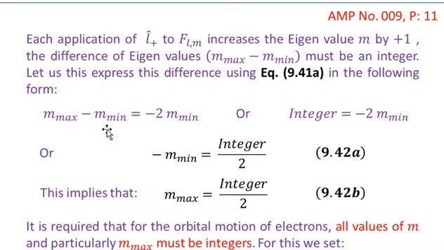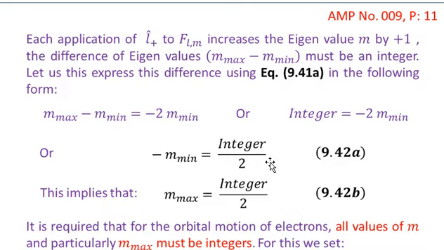And you know that m max minus m minimum is an integer value, so you can simply write that the integer should be equal to minus 2 times m minimum. Or you can write this as minus m minimum is equal to integer by 2, as in equation number 42a.